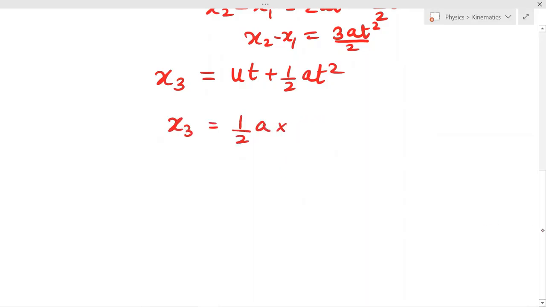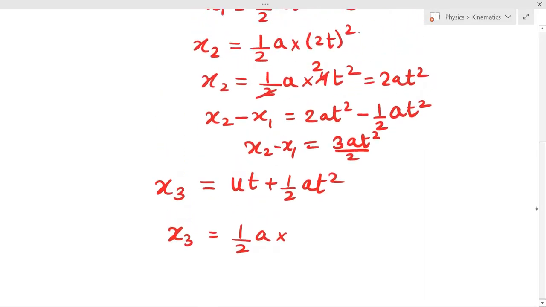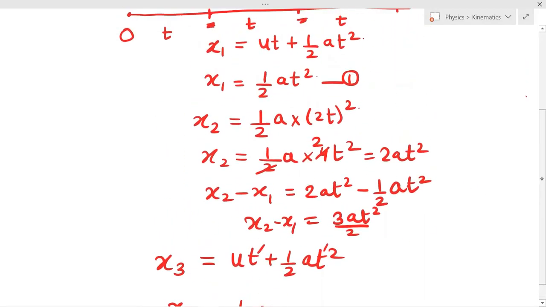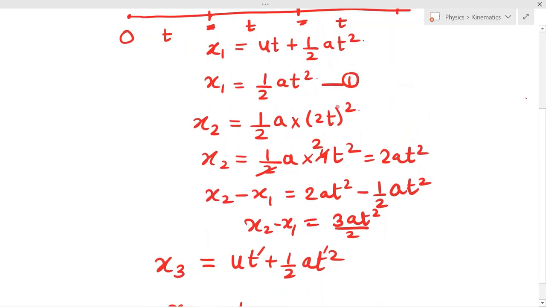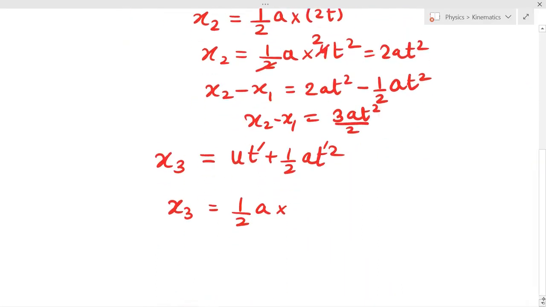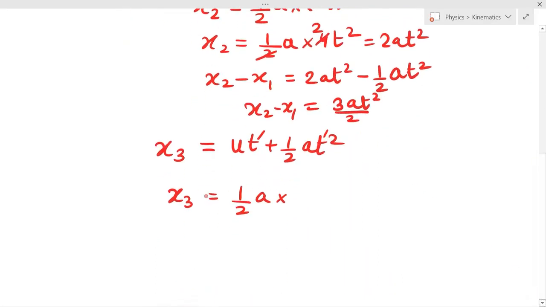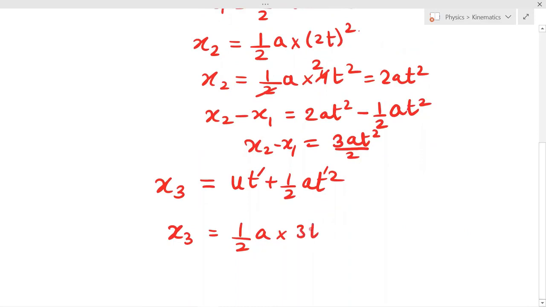So what is time now? Okay, let me take t dash over here, otherwise it is confusing. Yes, I have taken directly 2t over here, so it's okay. x3 will be half of a into t dash, what is t dash? t dash will be 3 times t.